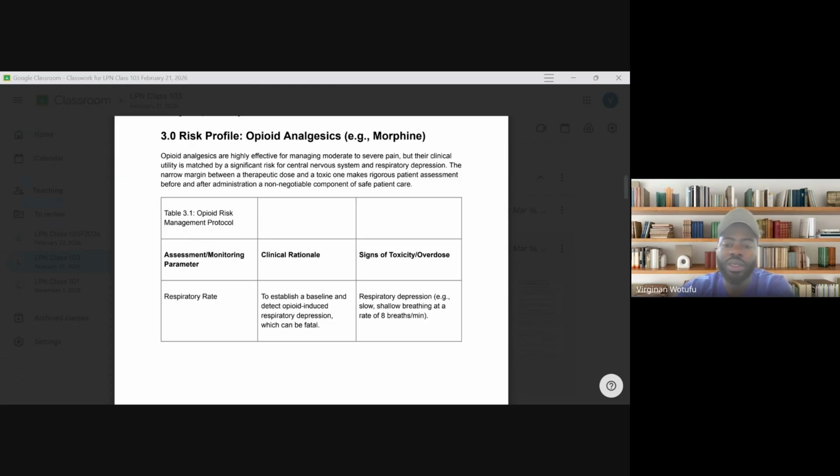Signs of toxicity or overdose are often associated with slow, shallow breathing at rates of 8 or below. That's an indication of overdose or toxicity. So with this, what do you prepare? What do you do?